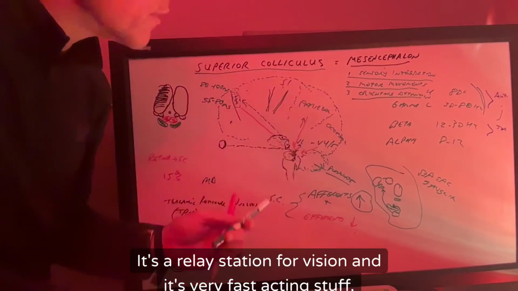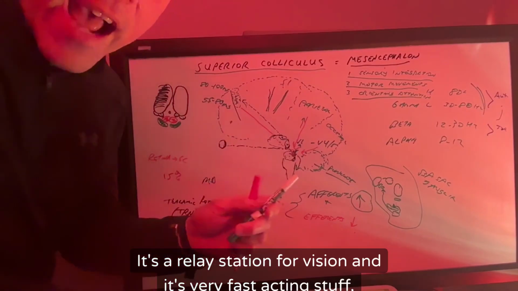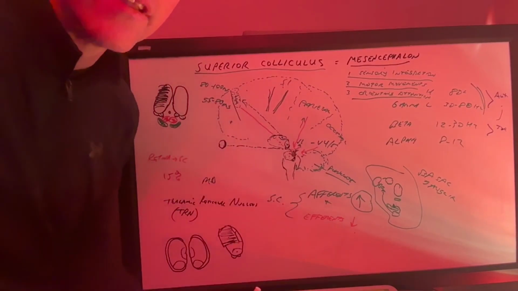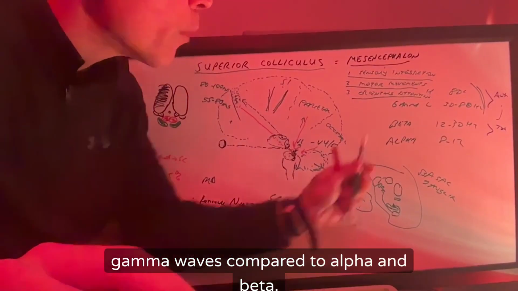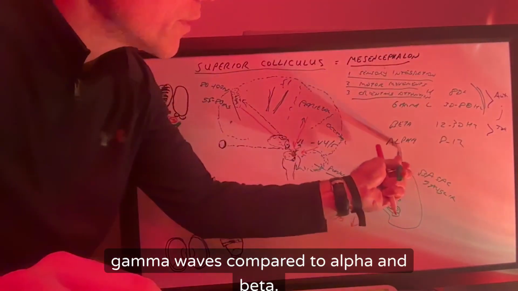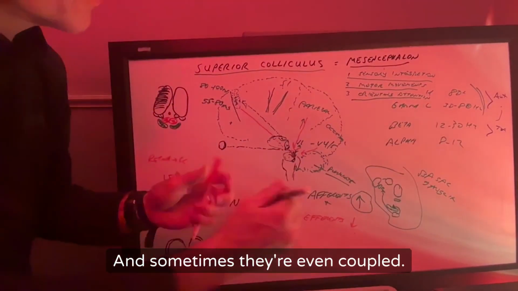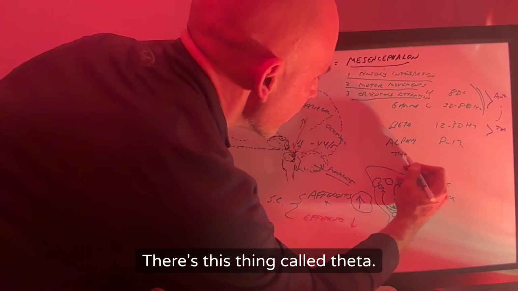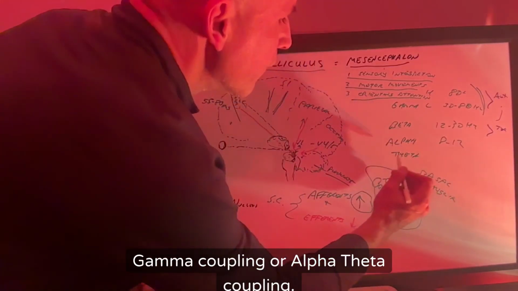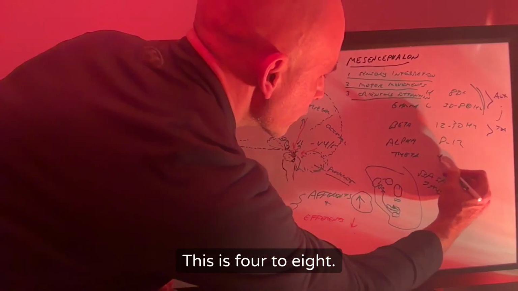It's a relay station for vision, and it's very fast acting stuff, especially with the autistic phenotype, because there's a lot of gamma waves compared to alpha and beta. And sometimes they're even coupled. There's this thing called theta gamma coupling, or alpha theta coupling. This is 4 to 8.